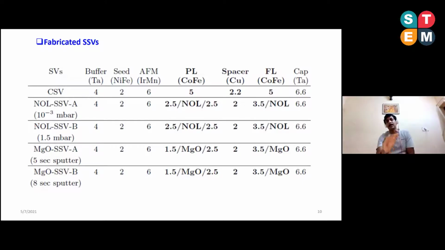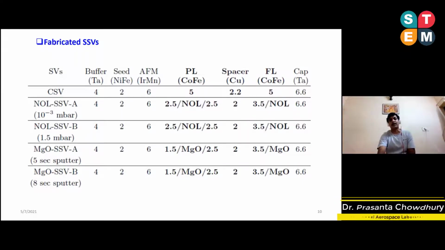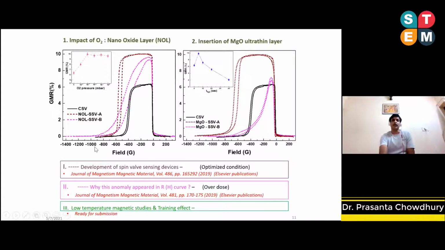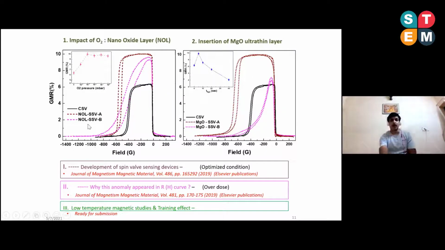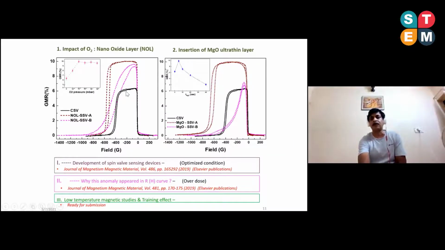So we'll see the optimized conditions and the overdose conditions make a difference in the features in MR as well as MH. Now, this curve shows the nano oxide layer: this is the conventional one without any specular layer, called CSB.